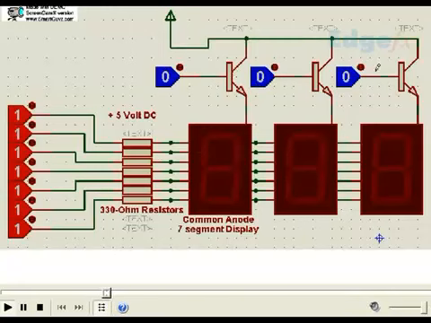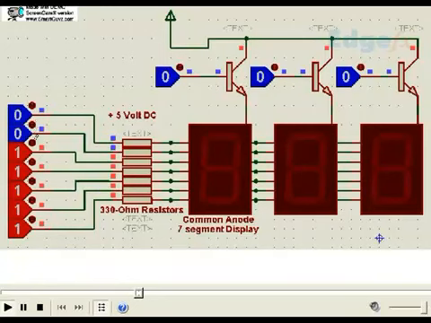These are switching transistors, and we know if these switching transistors are not switched on, that particular display unit will not get positive supply. Now let's see that while powering it. Supposing I make this as 0, this as 0, and this as 0.